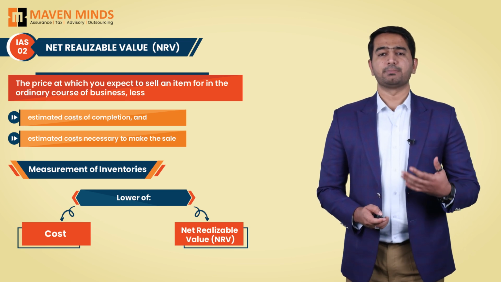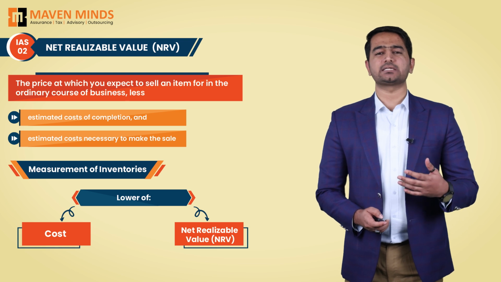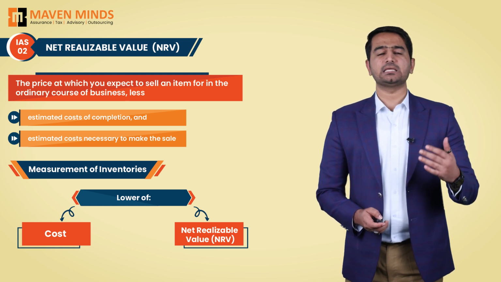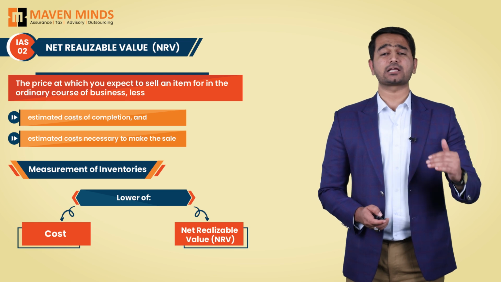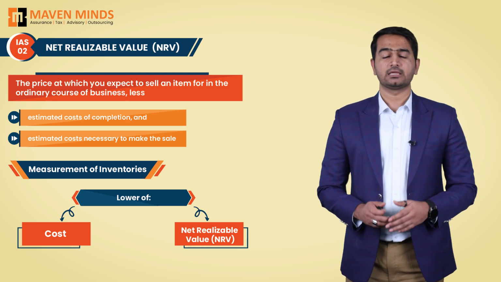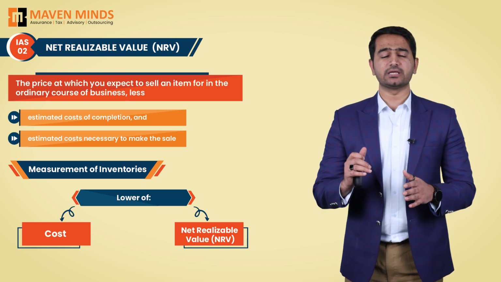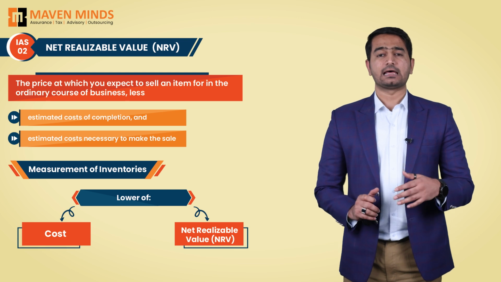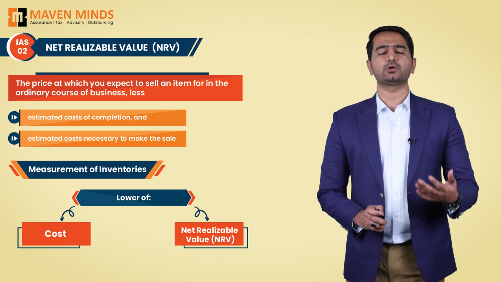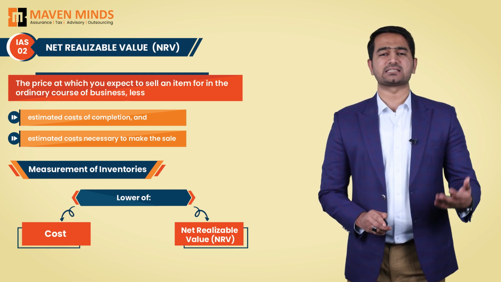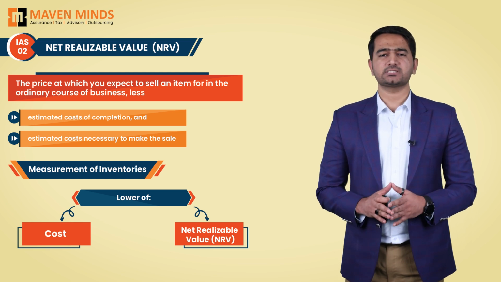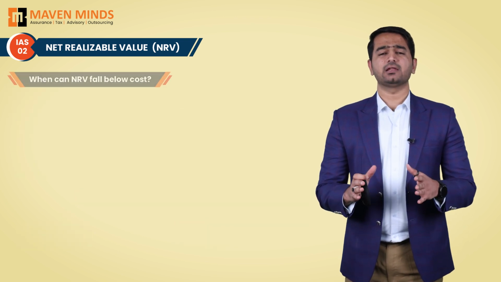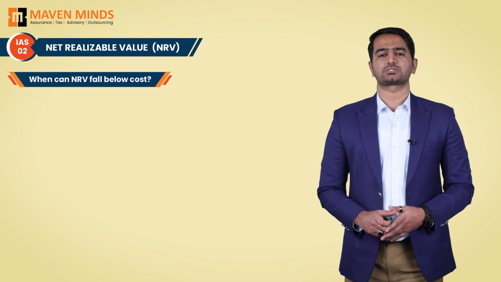Why? Because we don't want to overstate our profits by keeping inventories at a higher value than we can actually recover for them. If net realizable value is lower than cost, then you need to write down your inventories to their net realizable value. Now, the big question is, when can NRV fall below the cost?